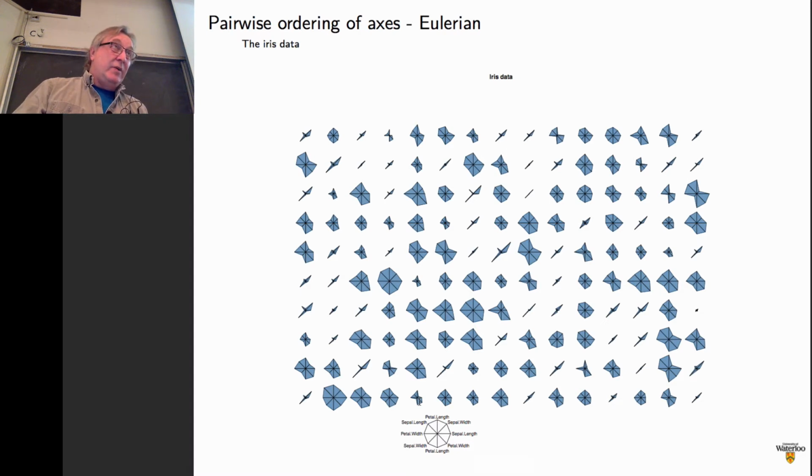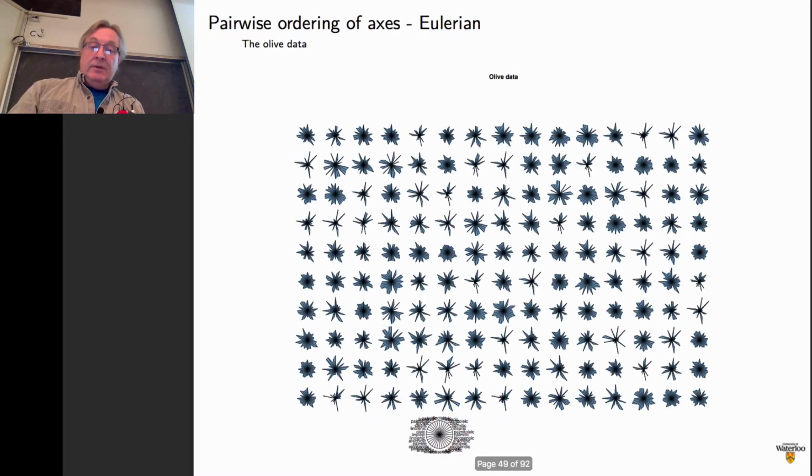Okay, now if I do a higher dimensional thing, I want to see all pairs between the axes. If I look at the olive data and I look at pairs, now I'm getting really interesting glyphs, these sort of glyphs that are spiky, or some are very convex, depending on where they are in the 8-dimensional space. So these are still points in 8-dimensional space, and I might think about grouping them together.